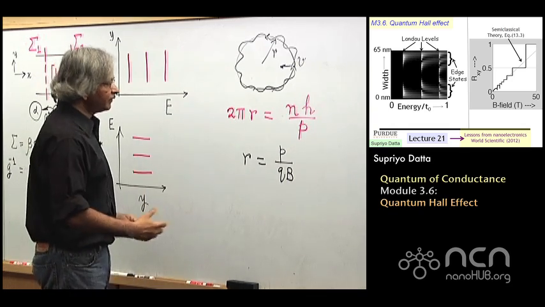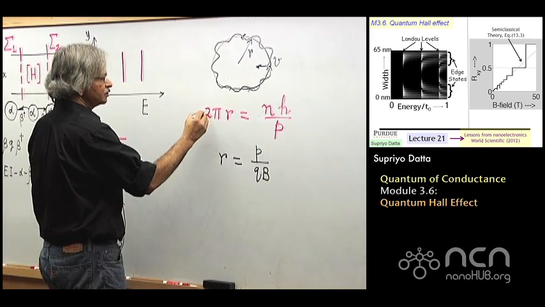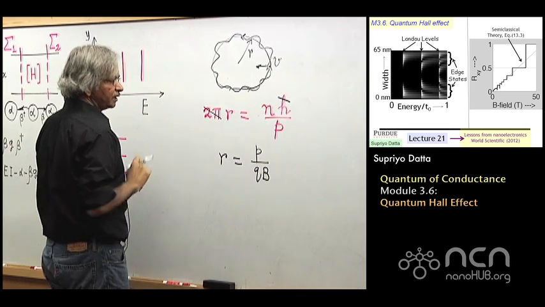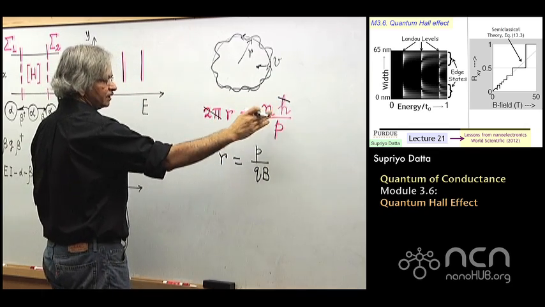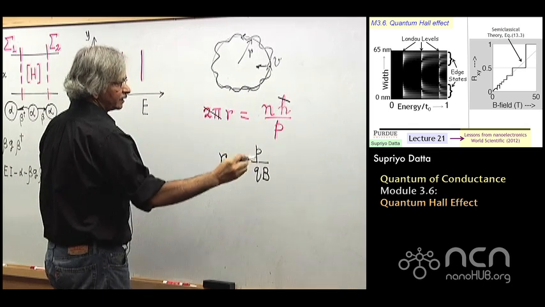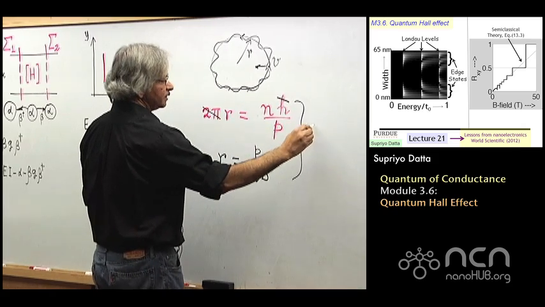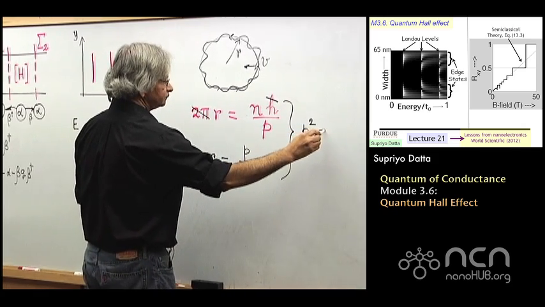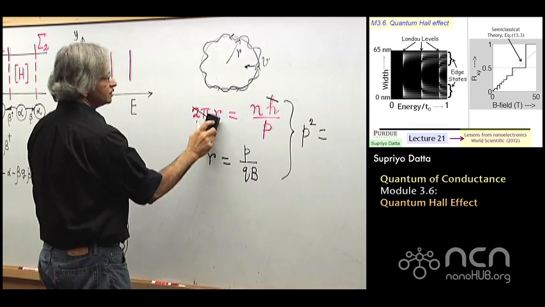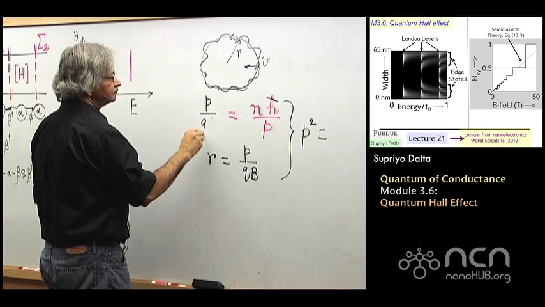And the way you can do it is, I suppose I could take this 2 pi from here and make that h bar. H over 2 pi is h bar. And then you could say, well, this is equal to that. Okay? So since both are equal to r, that tells me that n h bar over p is equal to p over qB.